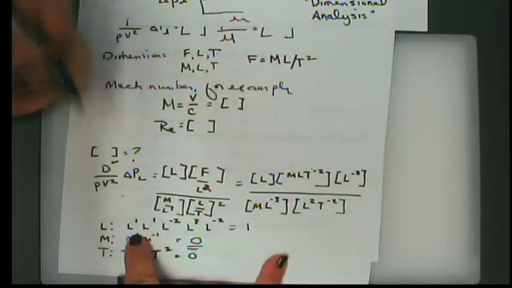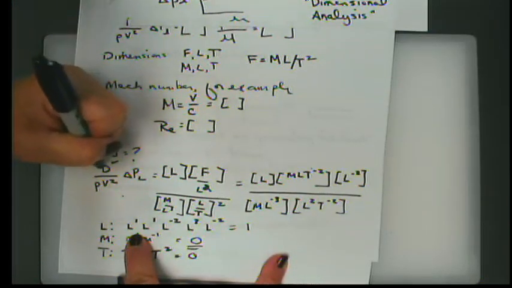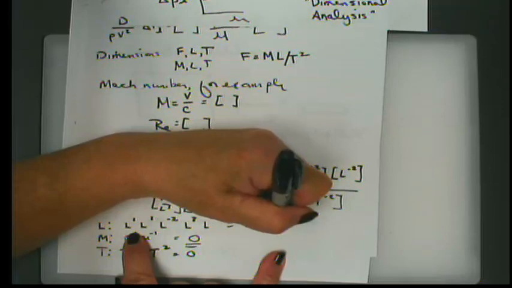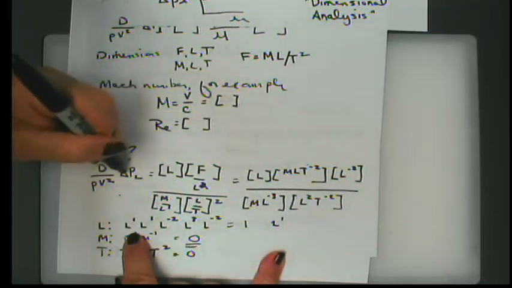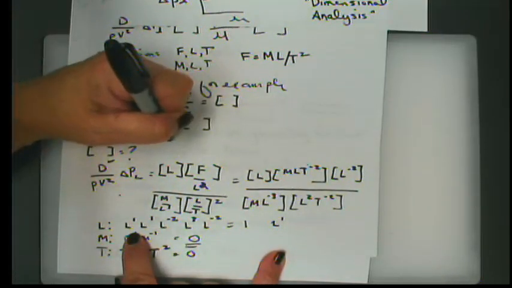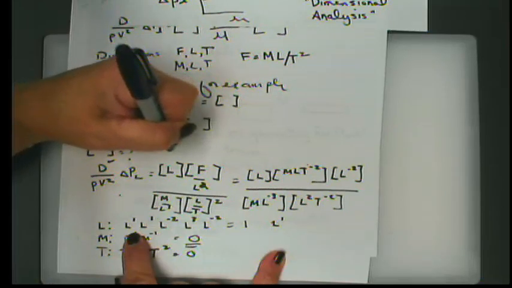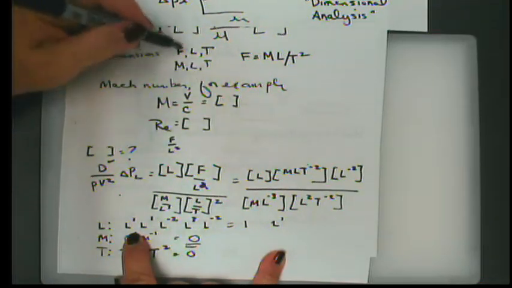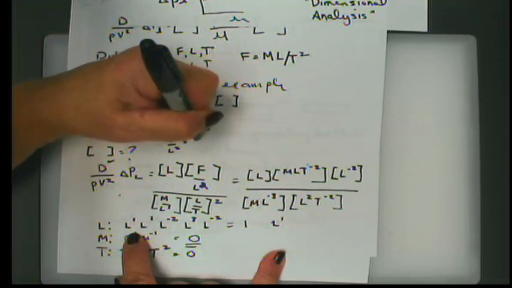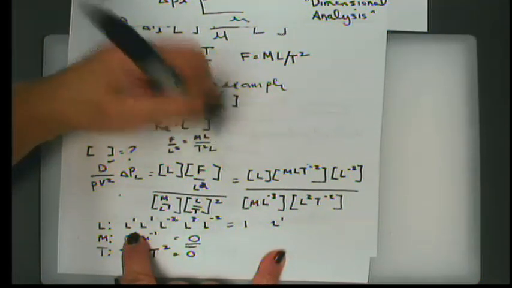Okay, diameter is just length. Let me just write this out. So that's length to the 1. Delta P is force per length squared. And force is mass length per time squared.